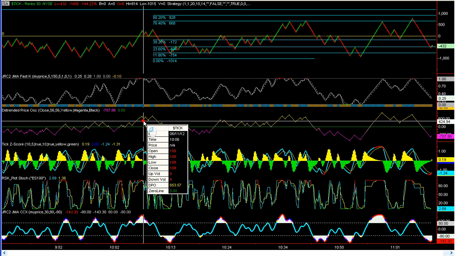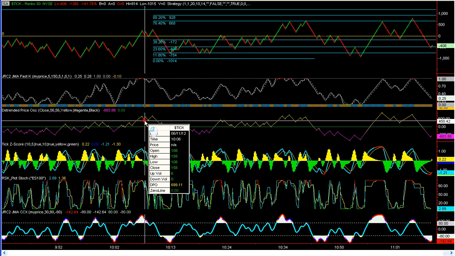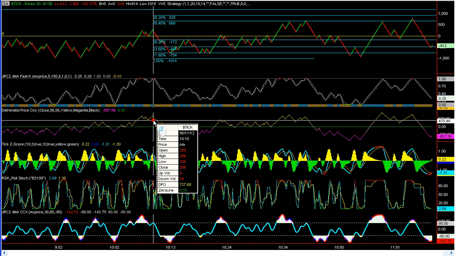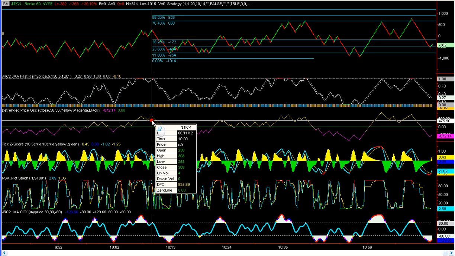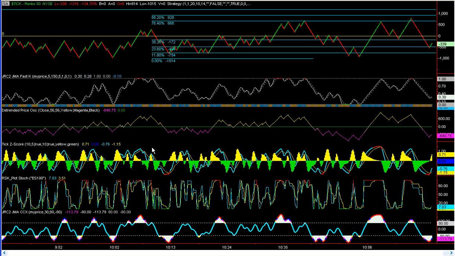The DPO started to pivot here as well as in here, and then ultimately here. And here was a real nice situation because you could see divergence on the Z-score and the CCX.